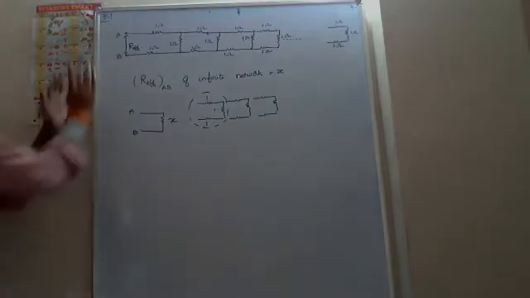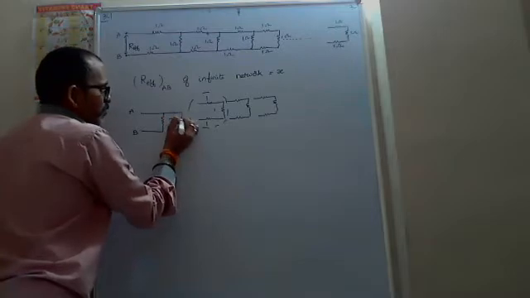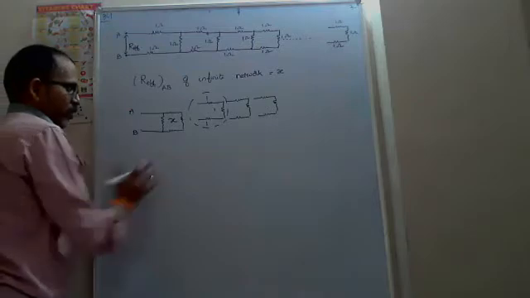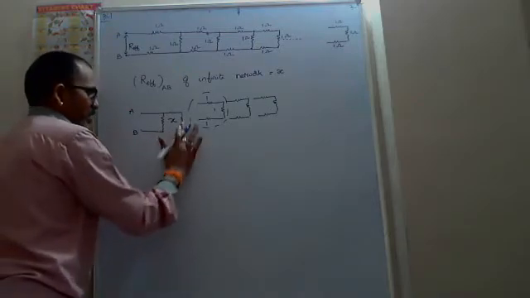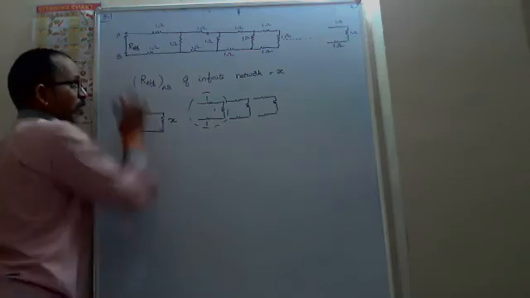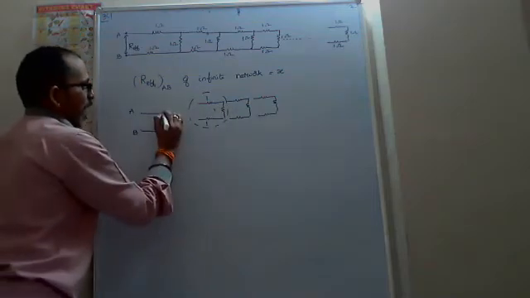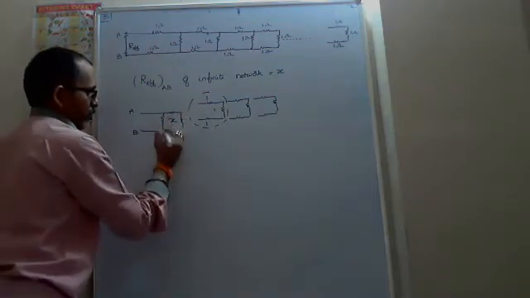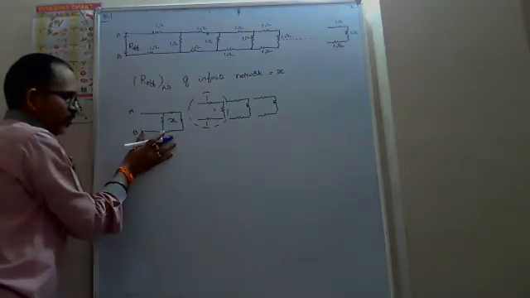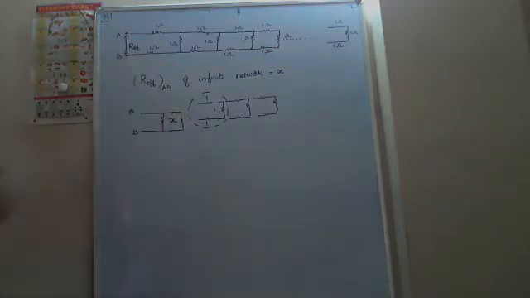Now if I add one more branch here, this point you have to understand. Once again, X is the effective resistance of what? Of infinite resistances. In that, I am adding one branch here. So altogether how many branches are here? Infinity plus 1, but it will be infinity only.